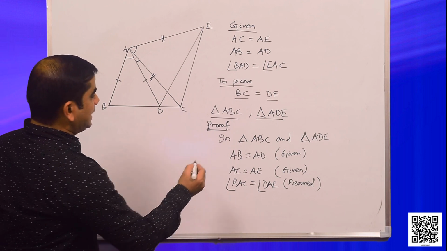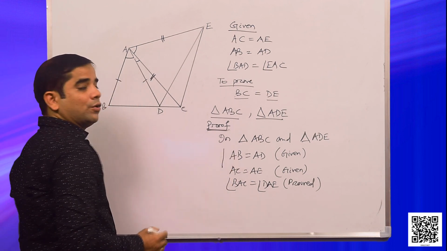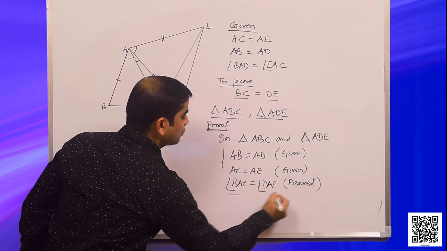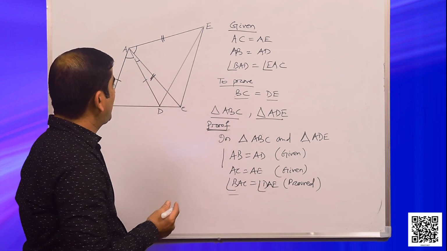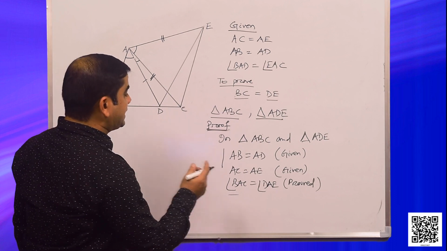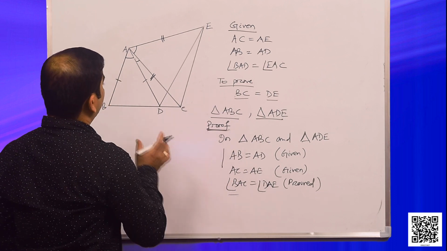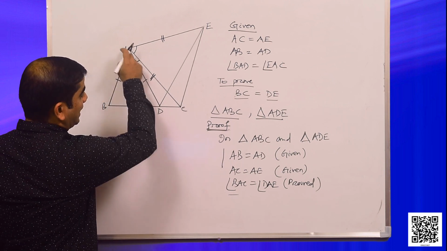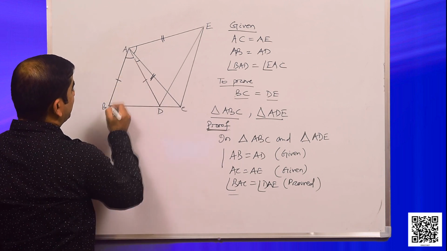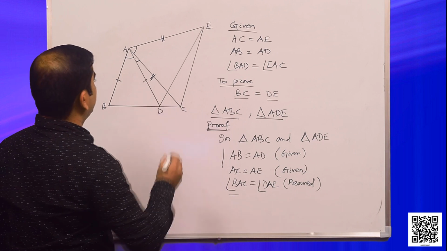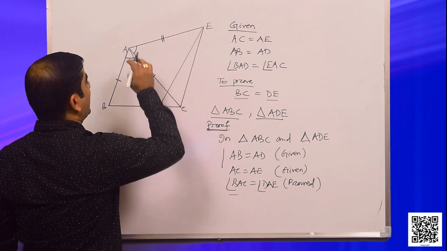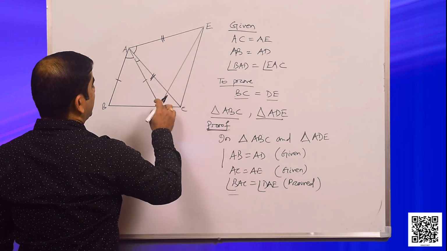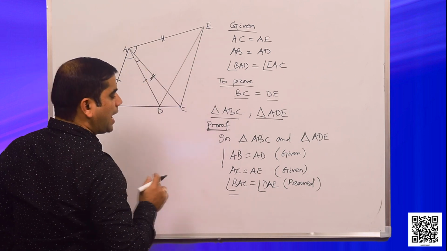That means these are two pairs of equal sides and a pair of equal angles, which is the included angle for the sides. AB and AC, the angle BAC is included. In triangle DAE, AD and AE, and DAE is the included angle.